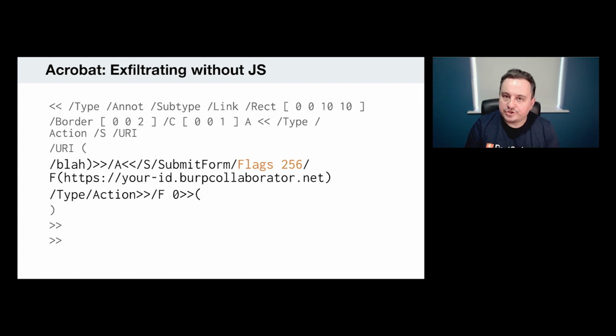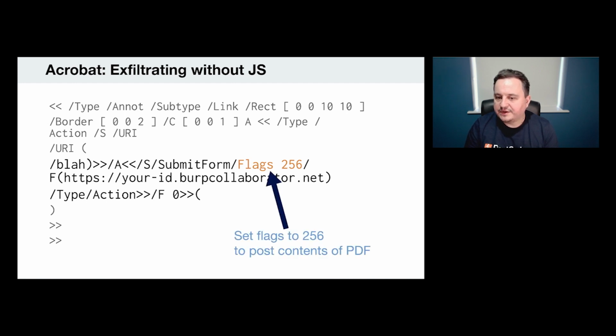So I removed all the JavaScript from the alert(1) vector and then added a submit form action and gave it a flags dictionary and a value of 256. Now in the PDF specification, you can use the 256 value to submit the entire contents of the PDF with the submit form action, which is pretty cool.